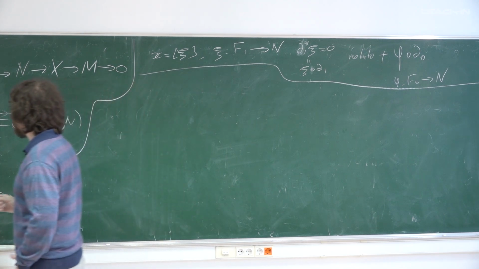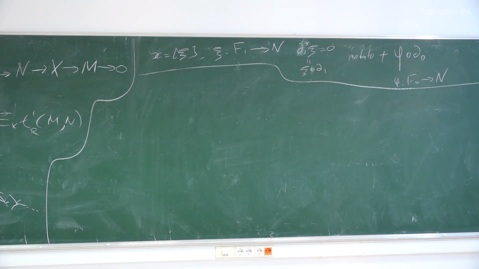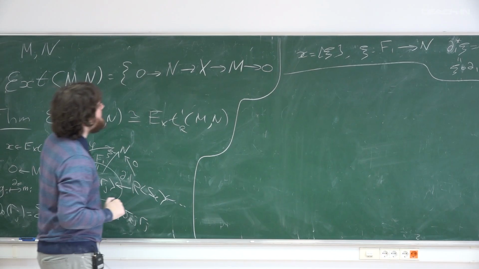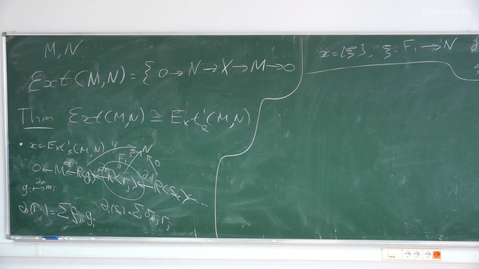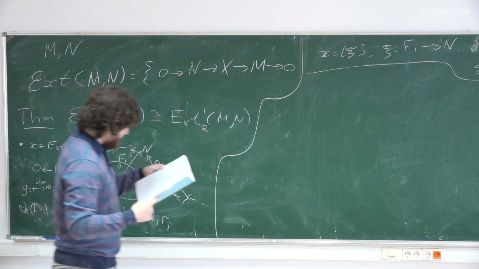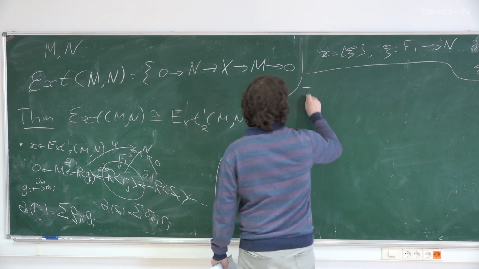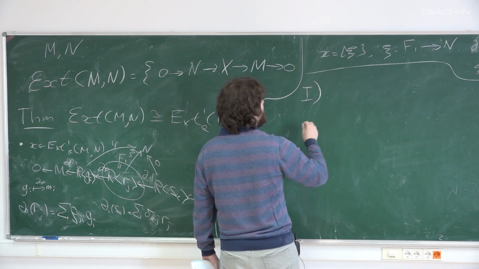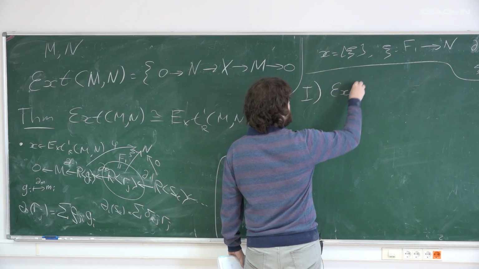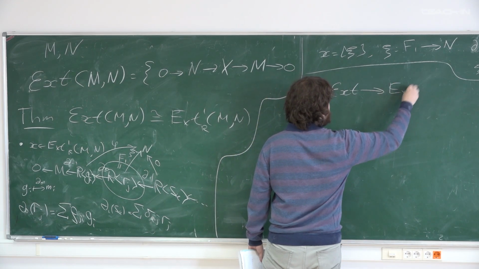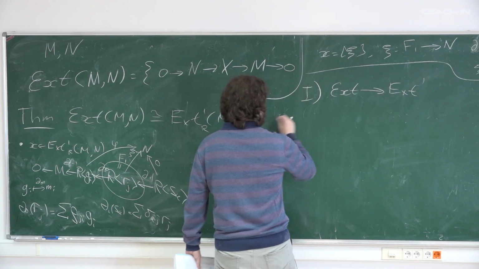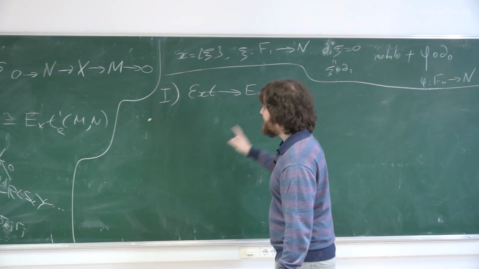Okay, let's say we have an extension. Let we have an extension of this form. Let me define this cycle. We have the first step, from extensions to cycles. Okay.